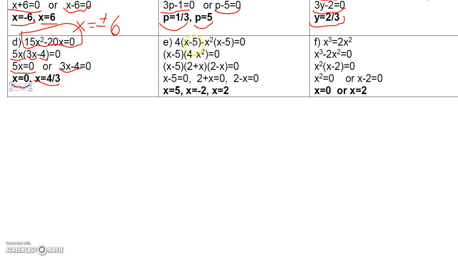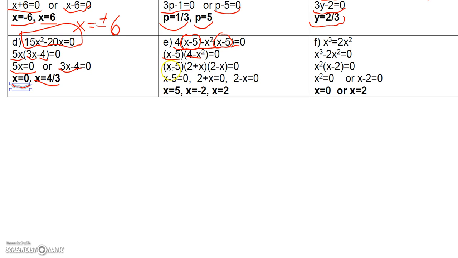Okay, now this one, you might recognize from when we did factor by grouping. Notice you have an x minus 5 factor here and an x minus 5 factor here. So I can factor the x minus 5 out of these two terms, and when I factor the x minus 5 out, I'm left with 4 minus x squared. But the 4 minus x squared will factor too, using difference of squares, into 2 plus x and 2 minus x.